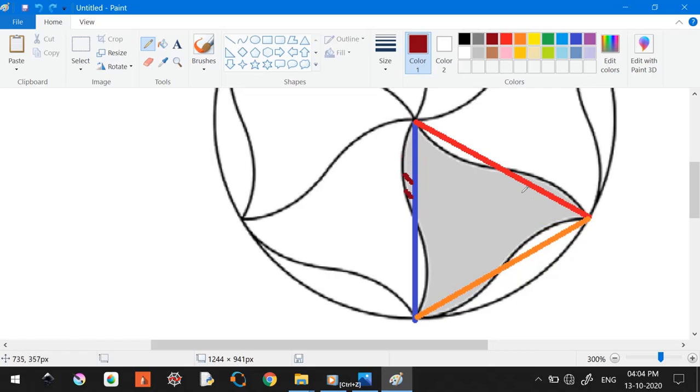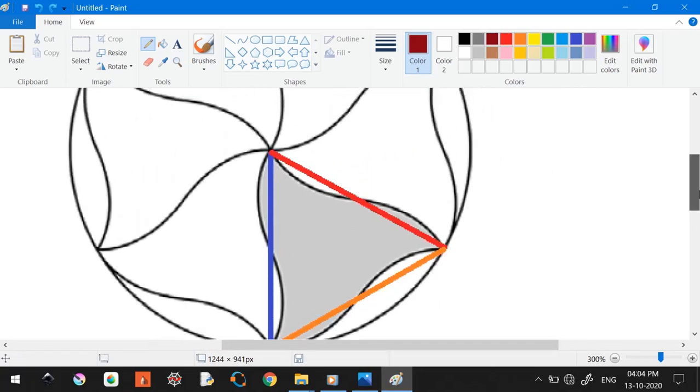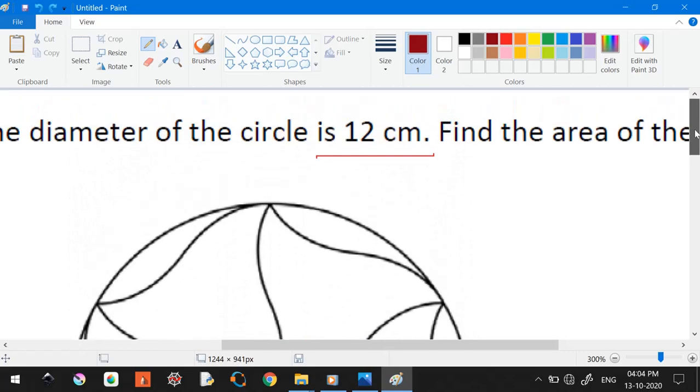The same with this one. So I will cut this portion and fix it here, so that it will form a line. So this is very simple. This is going to be a triangle, and we don't have to worry about these curves. So that's it, simple. If you understand this, solving this is going to be easy.